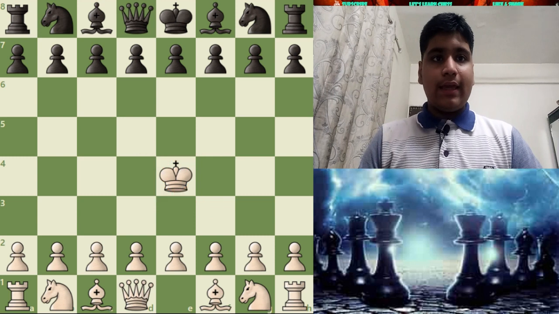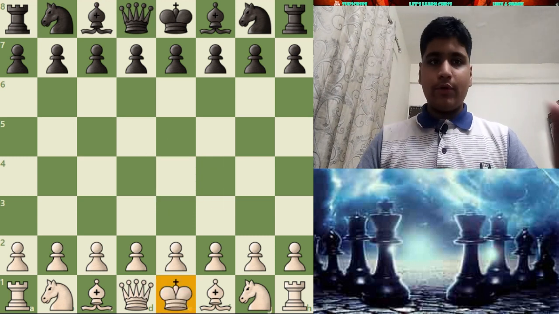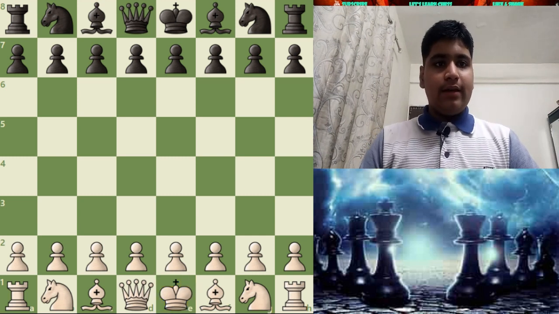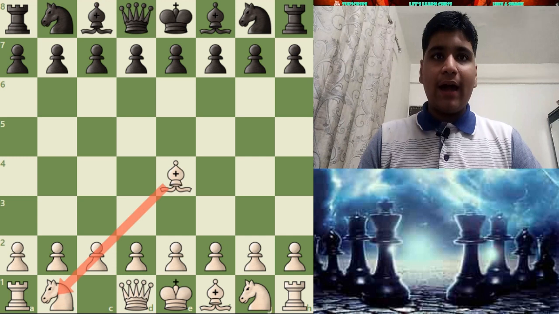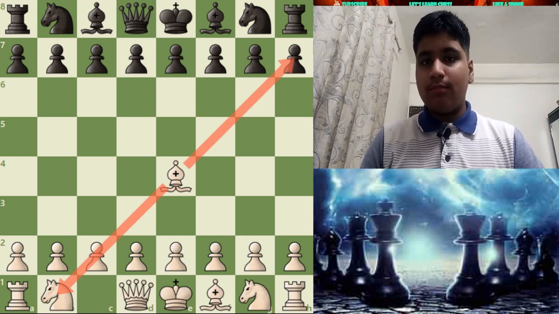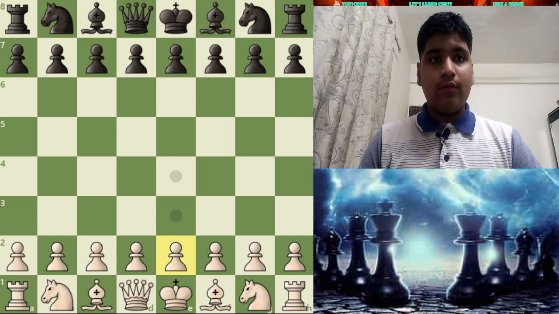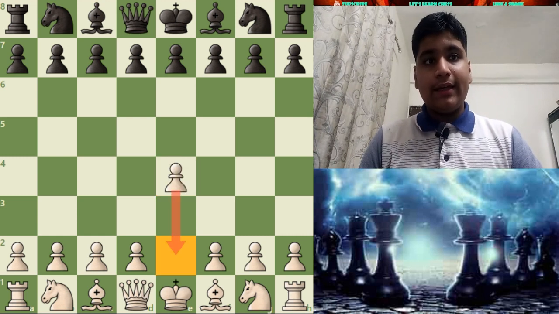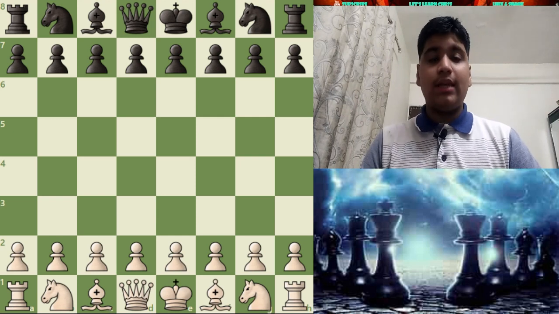Let's say you have a bishop. The bishop can move back like this, or go front, but the pawn, if it is in the center, cannot move back like this. This is not possible. This is an illegal move.